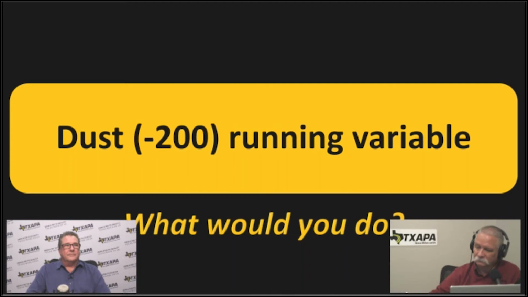A lot of times the computer screen will say everything's running good, but that doesn't necessarily mean it is, because we can see the results in the testing. Our -200 is something we have fought with for the past 2 or 3 years, and by putting this dust metering system in, especially with our batch plant, I think we've got on top of it.